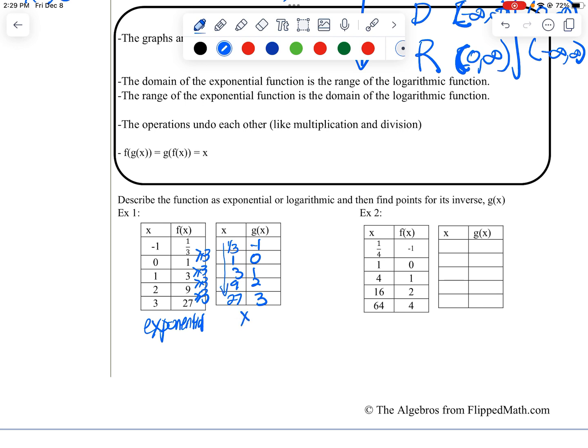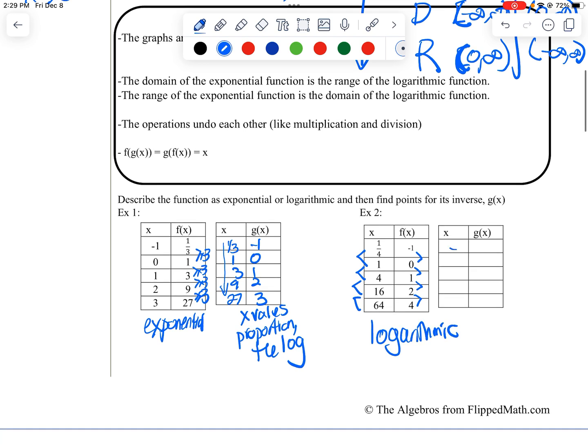So when the x values are proportional, then it's logarithmic. Look here, we can see our y values are going up, not evenly, but that's okay. What's happening to our x values? Our x values are going up by multiples of 4, so it's logarithmic.